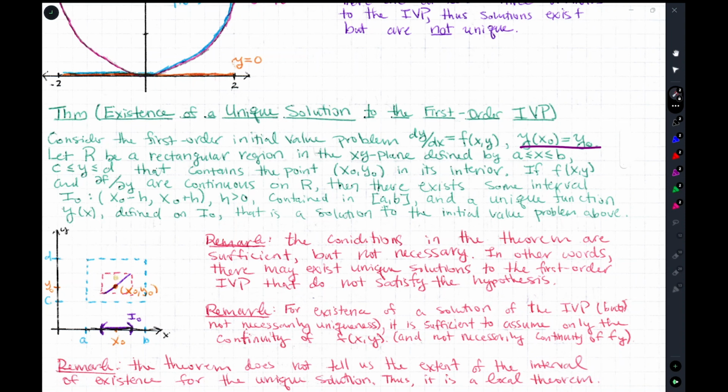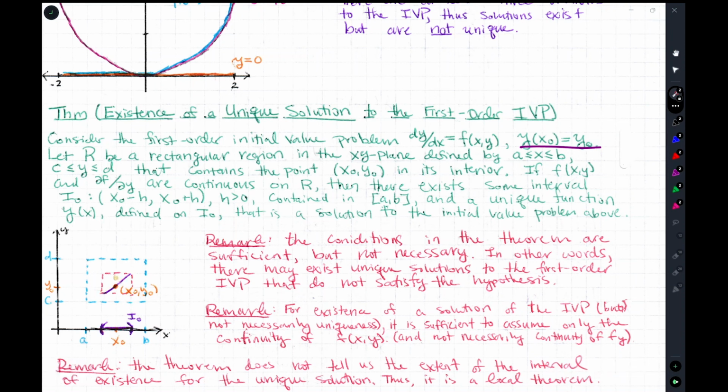And we're saying that if f(x,y) and the partial derivative of f with respect to y are continuous in the light blue region, then there exists some interval, this purple here, where you do have a unique solution.